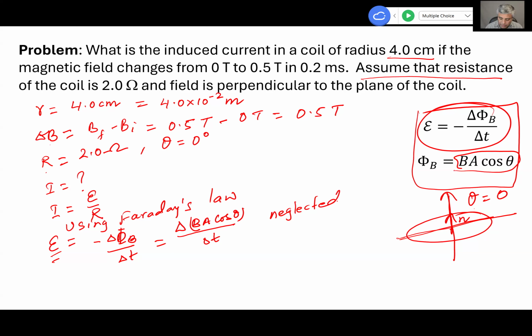I neglected the sign or direction, only computing the value.